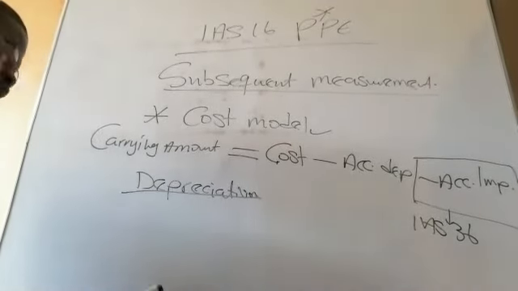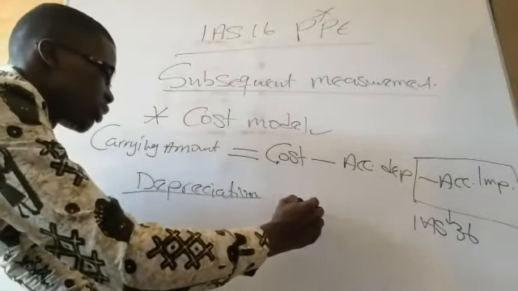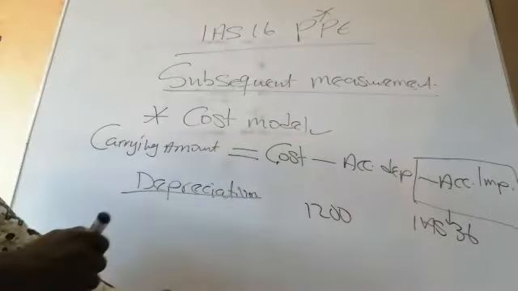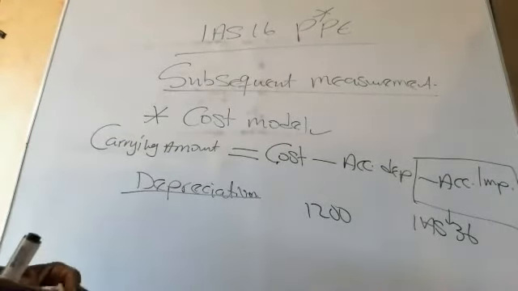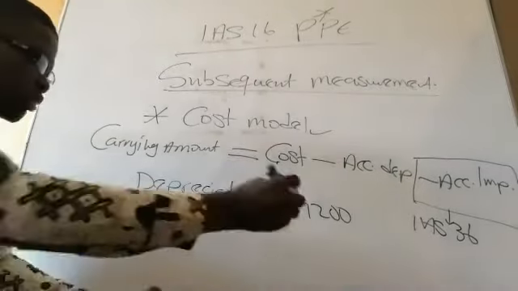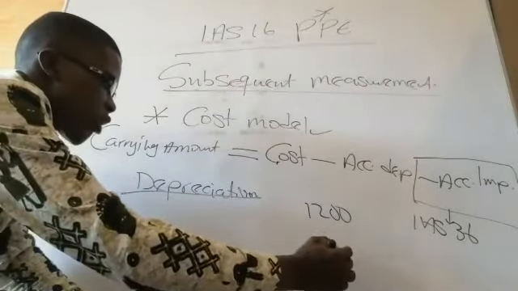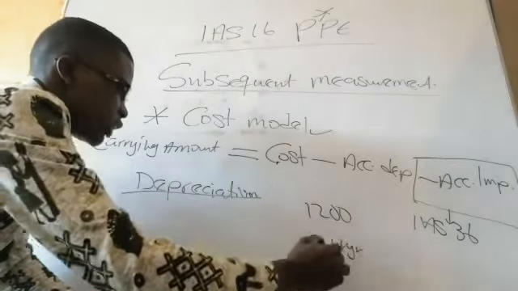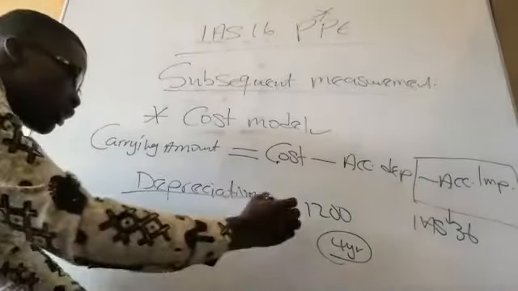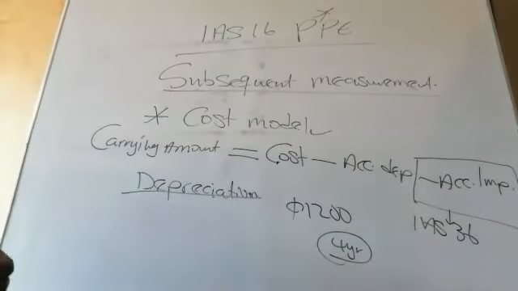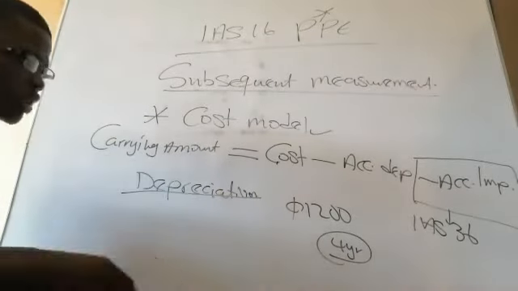Let us say you have an asset that costs you 1,200, and let's assume that it lasts for 4 years. Maybe it is your mobile phone, and you are going to use it for 4 years. It means that every year, a portion of this 1,200 you are going to consume.